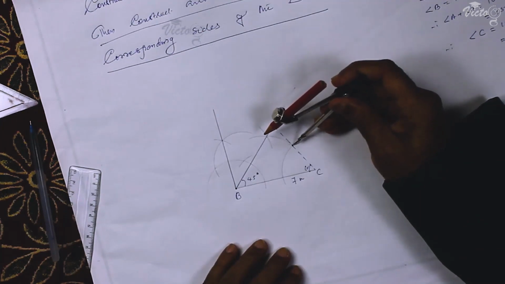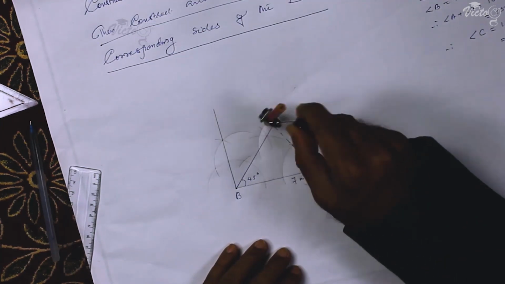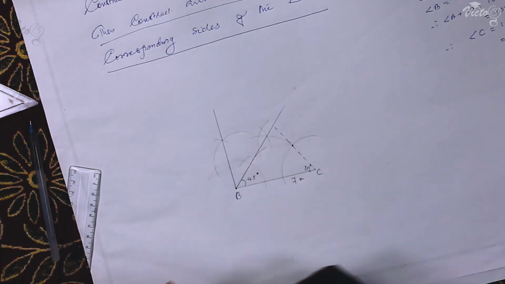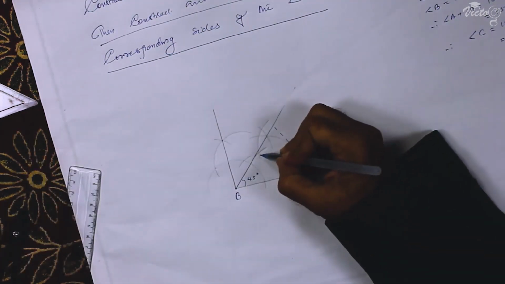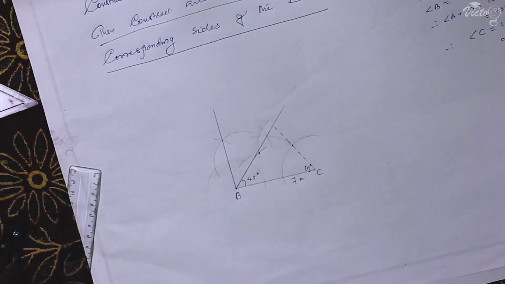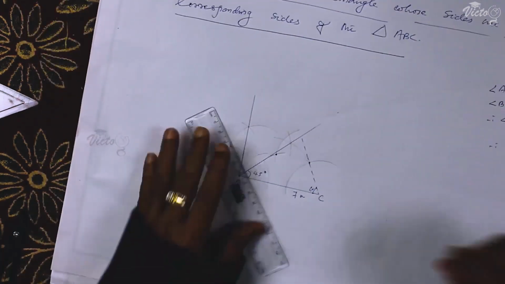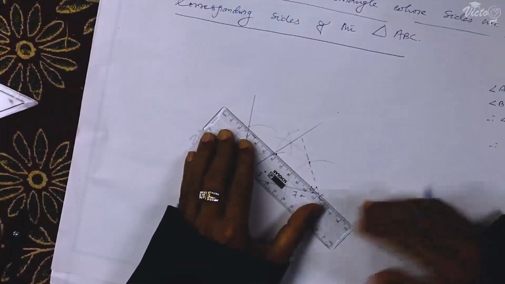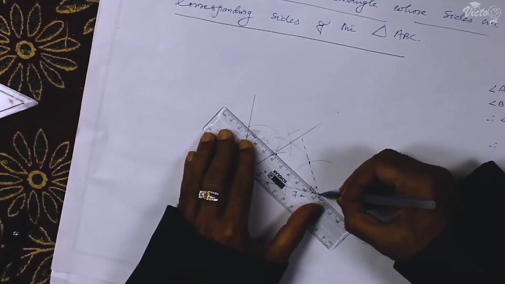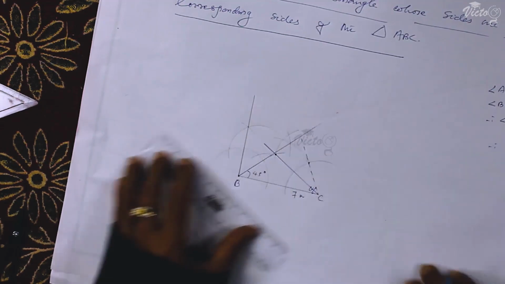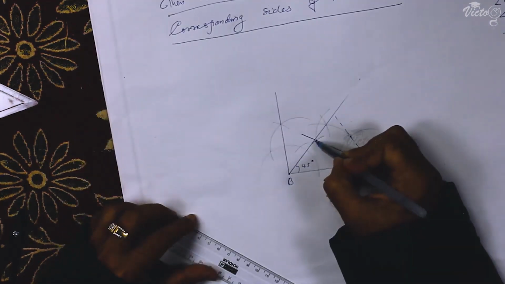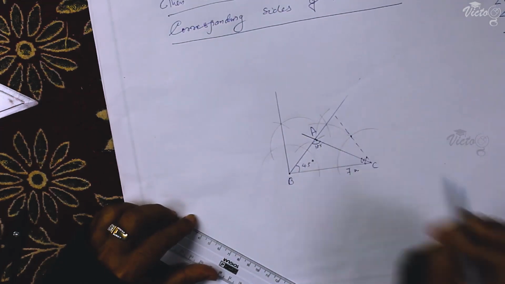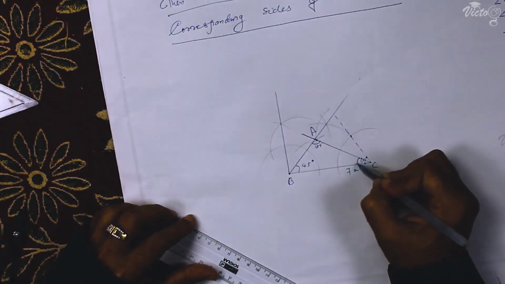For that, make two arcs. Join the point of intersection of the two arcs to the vertex C. This is the point A. Automatically this angle will be 105 degree. This is of 30 degree.